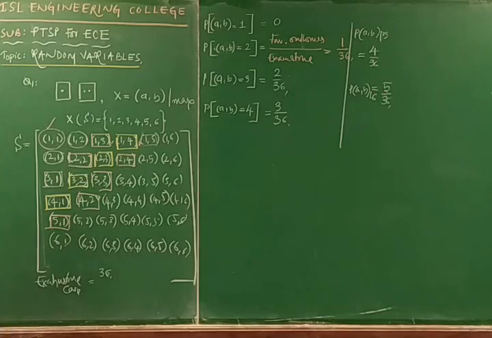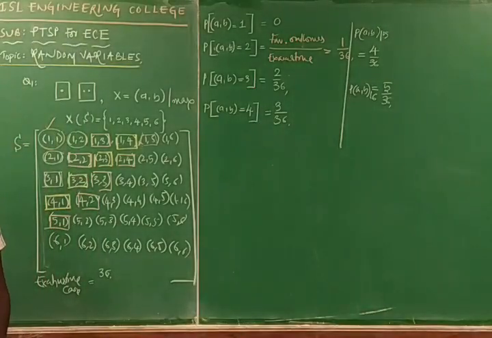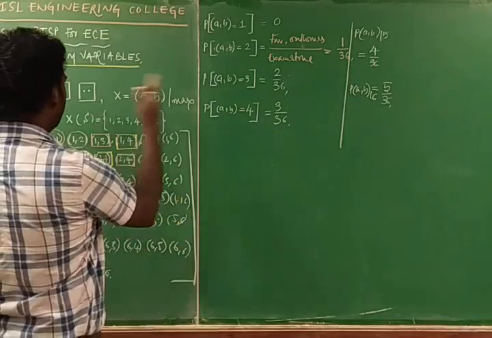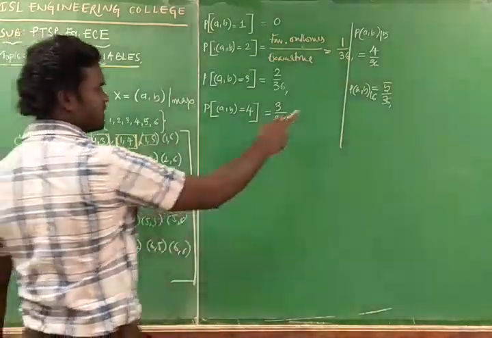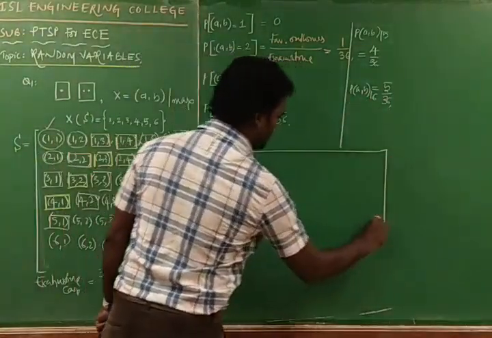Likewise, when you get the sum equal to 6, you got 5 by 36, so here you can go with the probability distribution function.